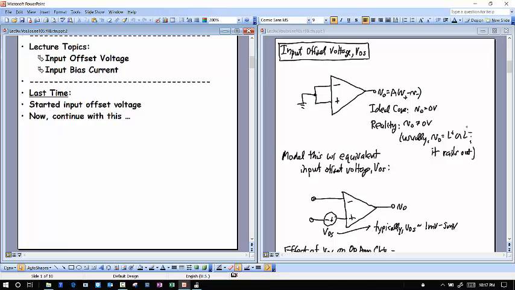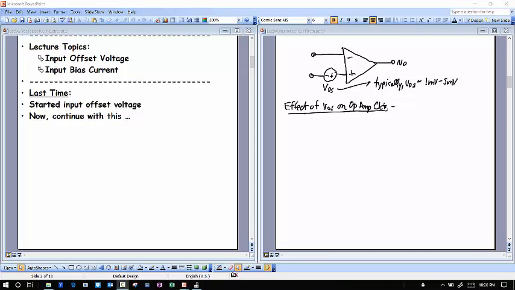So the op-amp goes to one of the supply voltages, usually, if it rails out. The reason it does this is because there are internal differences in the matching between transistors that make up the input circuit of this op-amp, which we'll talk about later on in this class. But for right now, a good model for this effect is to just put an input offset voltage, VOS.